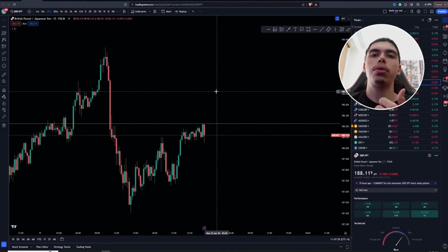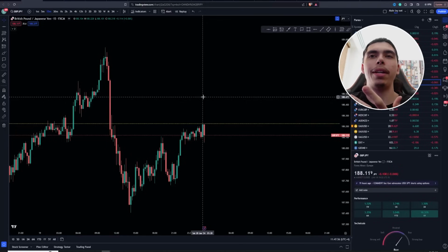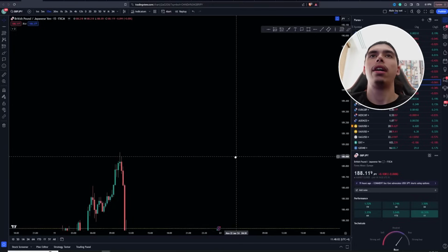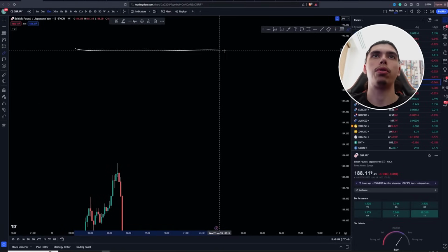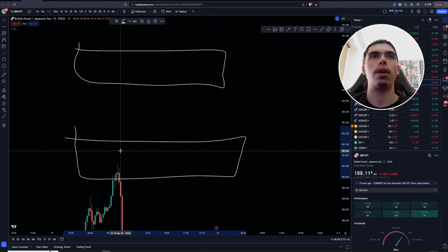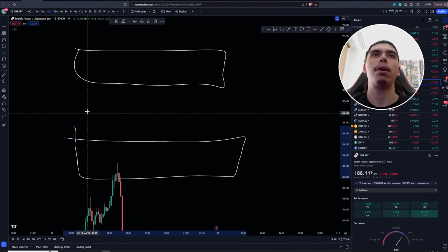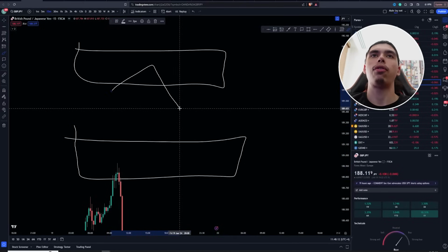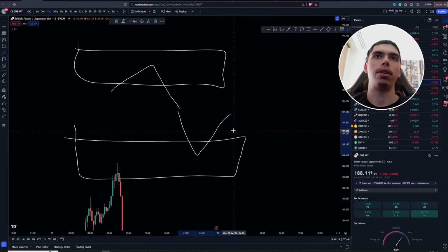All right, guys. So when it comes to support and resistance and supply and demand, we have to understand what the difference is. So supply and demand is basically support and resistance. Now, as much as people don't want to believe it, that is exactly what it is. You have supply zones and demand zones. A supply zone would basically be a resistance and a demand zone would be a support. Essentially in supply and demand, you expect price to react from the supply or react from the demand.